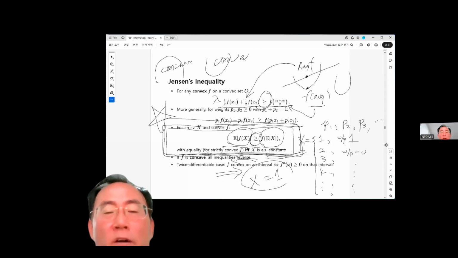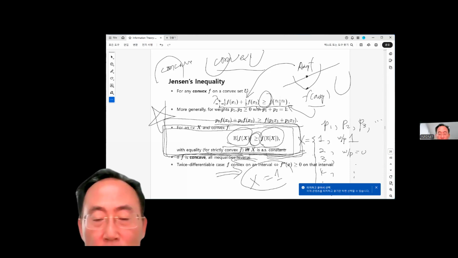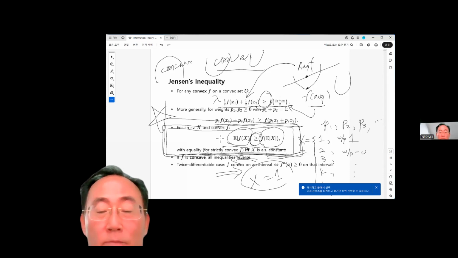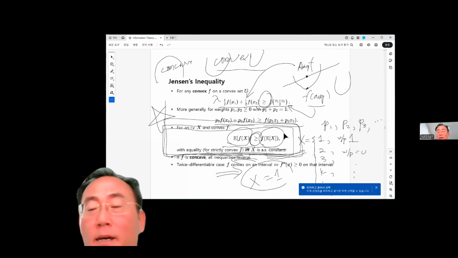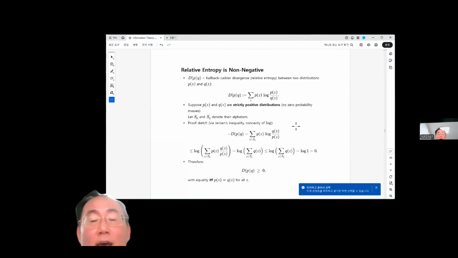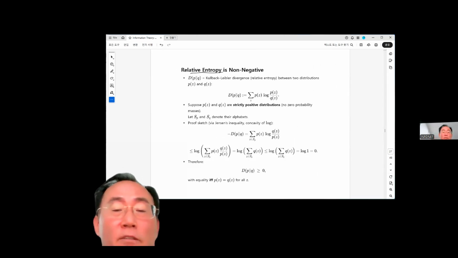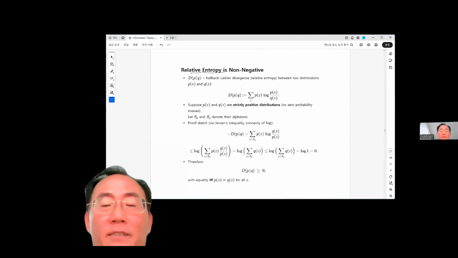So if you remember convex U, then you can recall this result and utilize it. Now we can move on to relative entropy is non-negative.